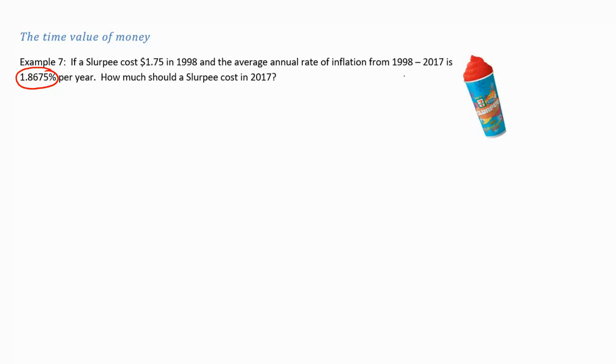So if a Slurpee cost $1.75 in 1998, and the average annual rate of inflation is 1.8675%, how much does a Slurpee cost in 2017? From 1998 to 2017 is 19 years later. So our price is increasing.